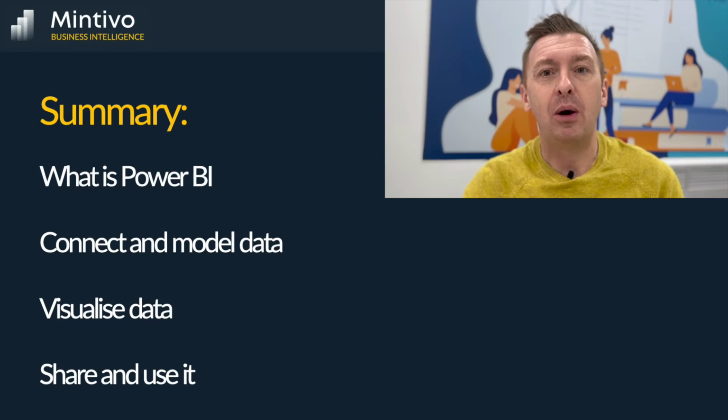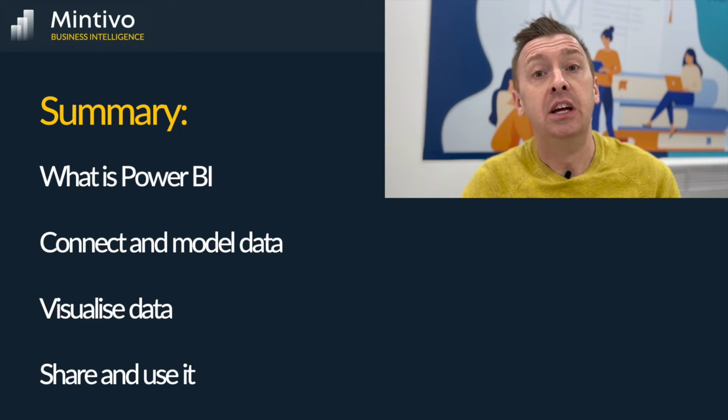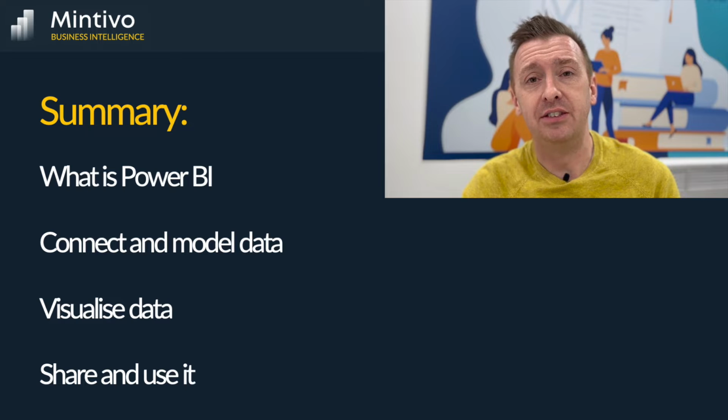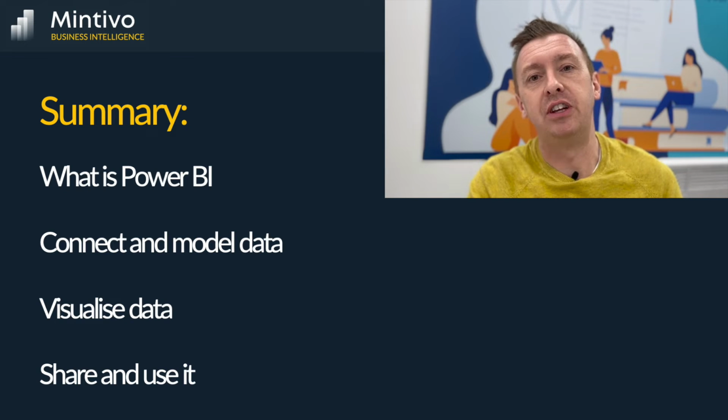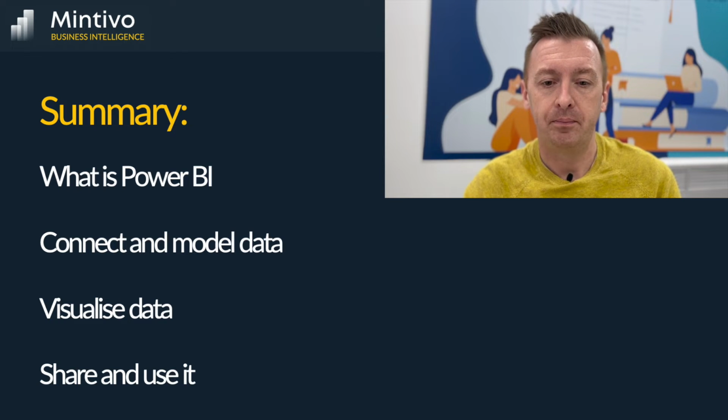First of all, we talked about what Power BI actually is, which, as you've seen, is a really powerful way of managing, transforming and presenting your data. Next, we looked at how you can use Power BI to connect and model your data, taking really quite messy spreadsheets or data from other sources and transforming them into really clean, complete, usable data sets.